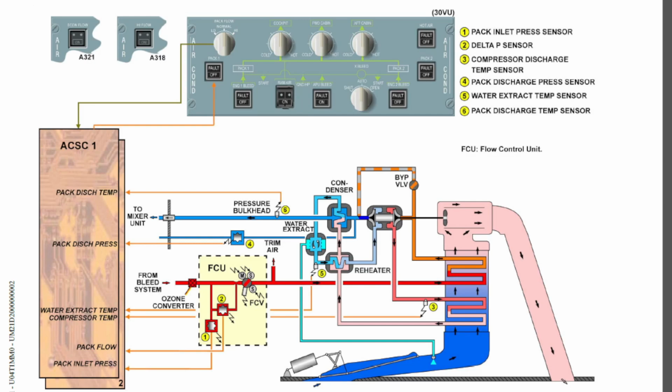We tracked the airflow which went through the packs, and we came up to here where it says to mixer unit. Today we are going to discuss the mixer unit.